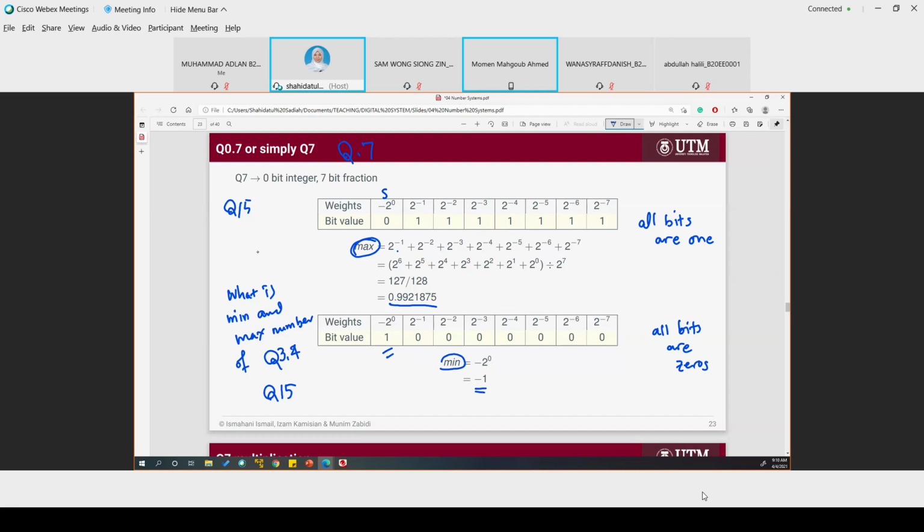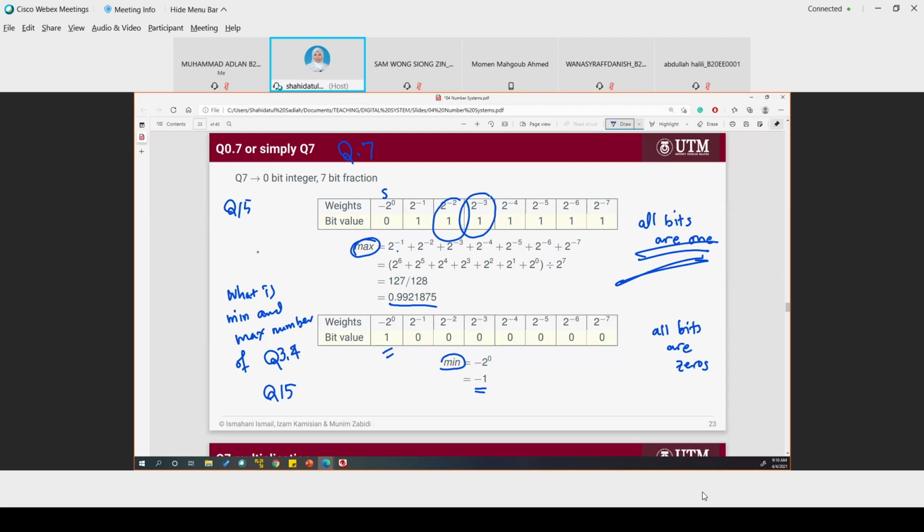The maximum number for Q15 is when you have 0 as the sign bit and the rest is 1. Q15 means you have 15 fraction bits. Here is 7, 7 fraction bits. 15 bits of 1. See? All bits are 1. So why do you only calculate minus 2 and minus 3? You should have calculated all the bits.